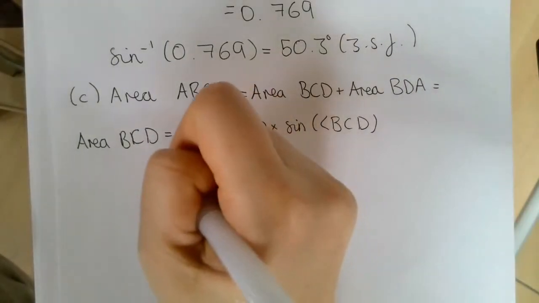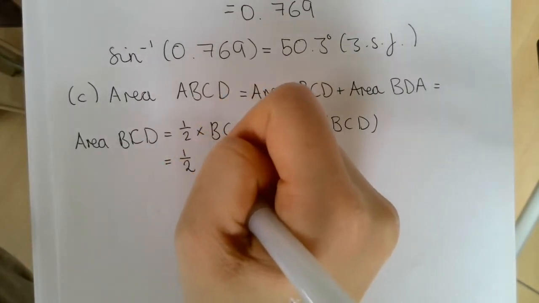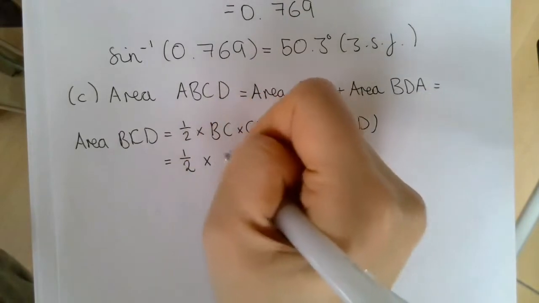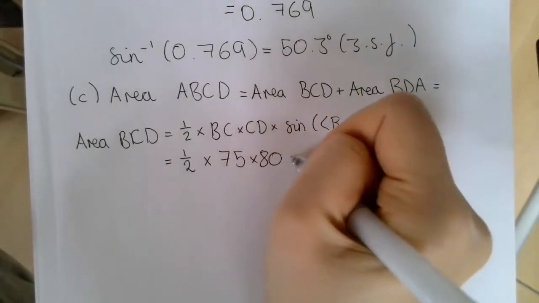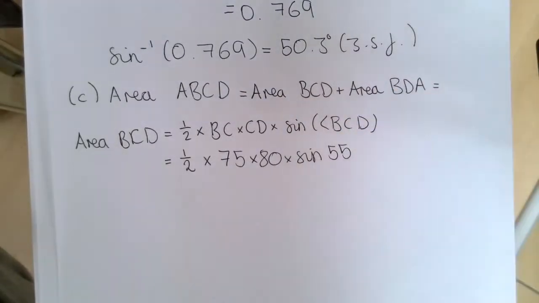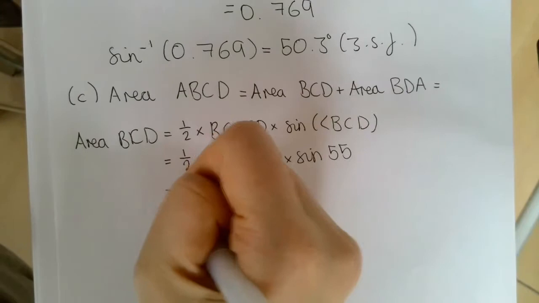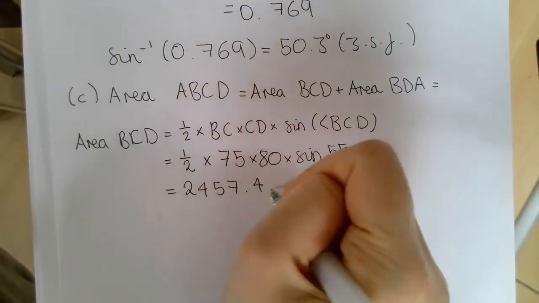So that is equal to a half multiplied by 75 multiplied by 80 multiplied by sine 55, which is equal to 2457.4.